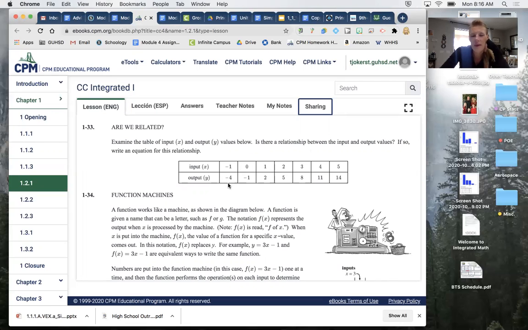So what's happening with my output? Well, for every one value that I go up on my X's, it looks like this is going from -4 to -1. So it's going up 3 from -1 to 2. Yep, it's going up 3 from 2 to 5. Yep, I add 3.